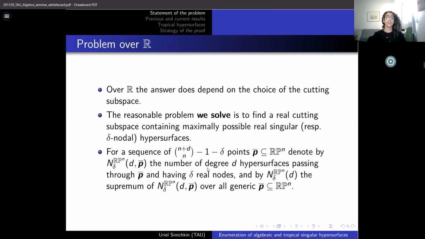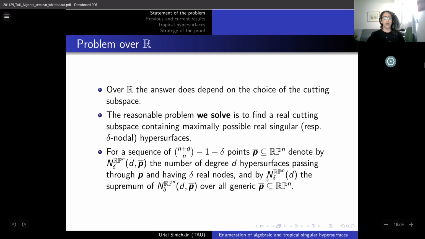So the space of all hypersurfaces passing through those points is a delta-dimensional linear space. And we denote as such the number of degree d hypersurfaces that pass through those points and have delta real nodes. I'm looking for real hypersurfaces having real nodes, not conjugate pairs of singular points or something like that. That doesn't interest me.